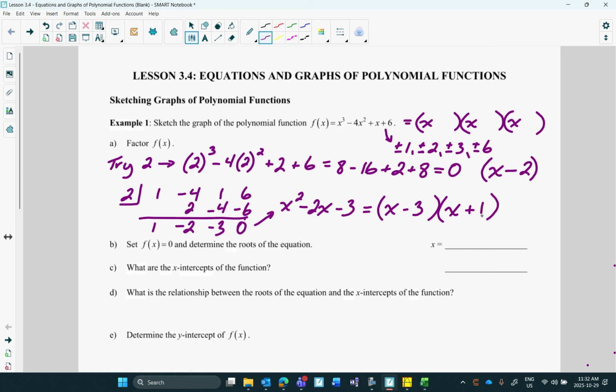So I found the 3 factors after doing the remainder theorem, synthetic division and factoring. My 3 factors are x minus 2, x minus 3, x plus 1.